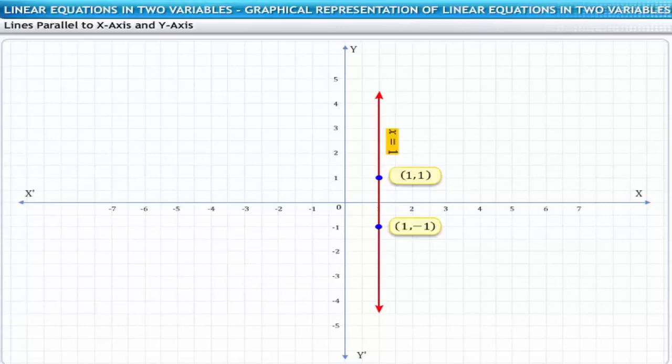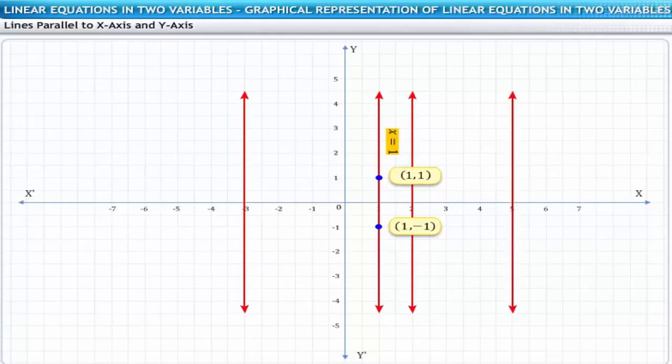Similarly, we can draw other lines that are parallel to the y-axis. The equations of these lines can be given by x equals 2, x equals minus 3, and x equals 5.